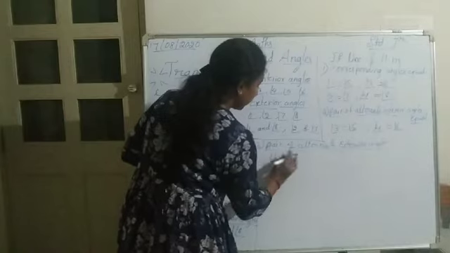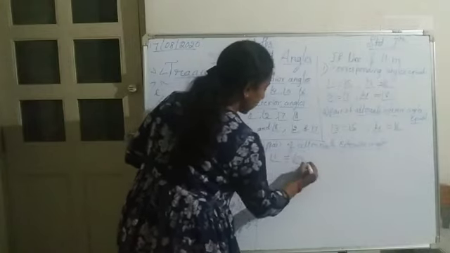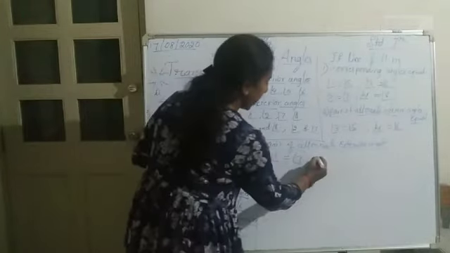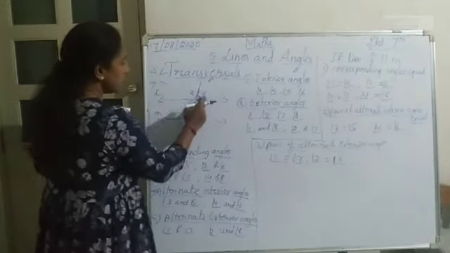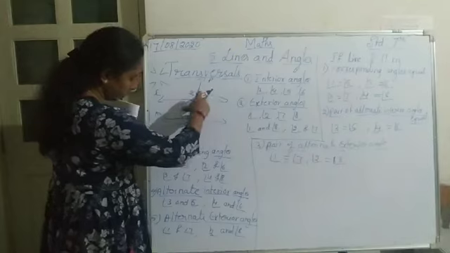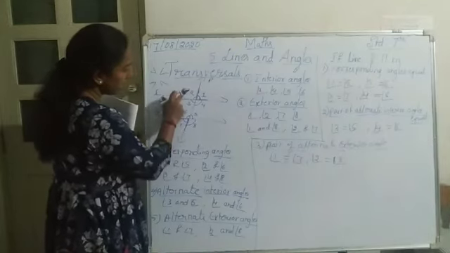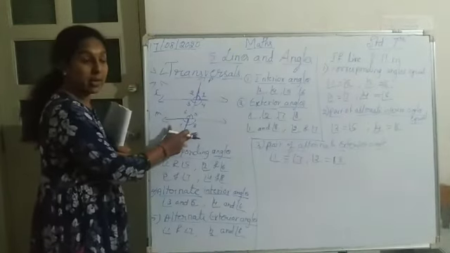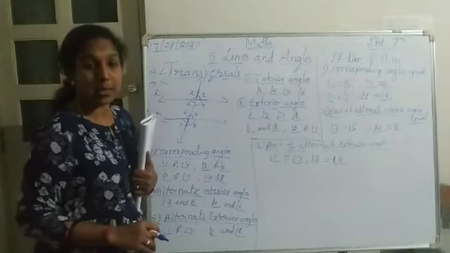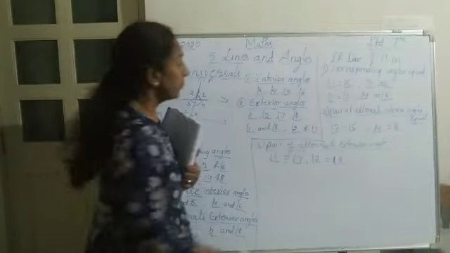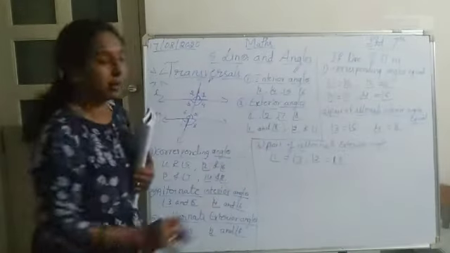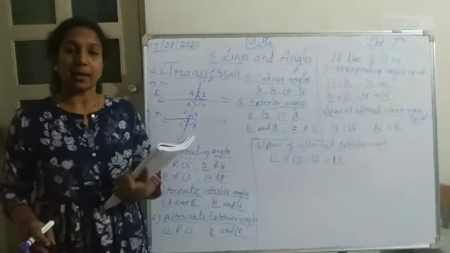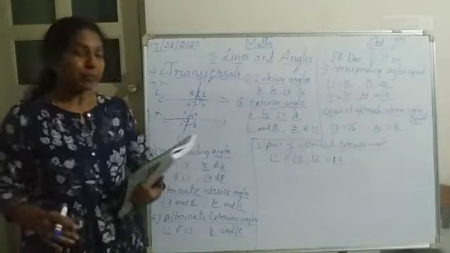Angle 1 is equal to angle 7. 2 and 8, angle 2 is equal to angle 8. Alternate exterior angles are also equal. All these things will happen only when these two lines are parallel. When the two lines are parallel, then these angles will be equal.